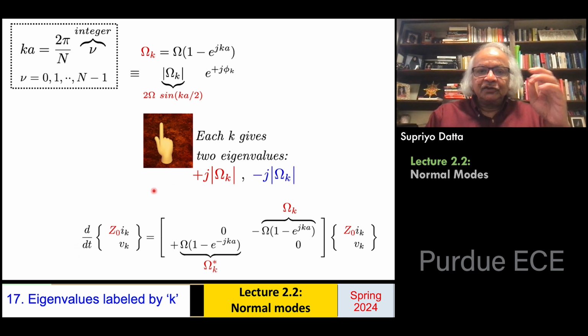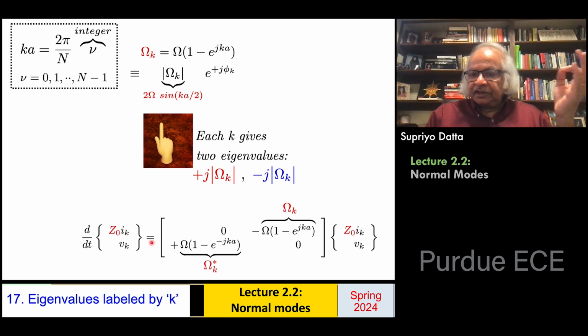K values go from 0 to capital N minus 1, and each one is an independent oscillator, and I can solve a little 2x2 equation for it. This is the 1, 2 element, and this is the 2, 1 element.